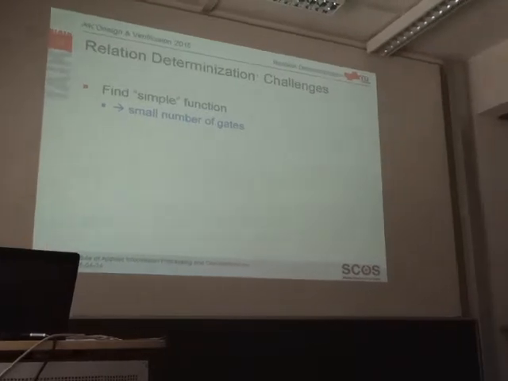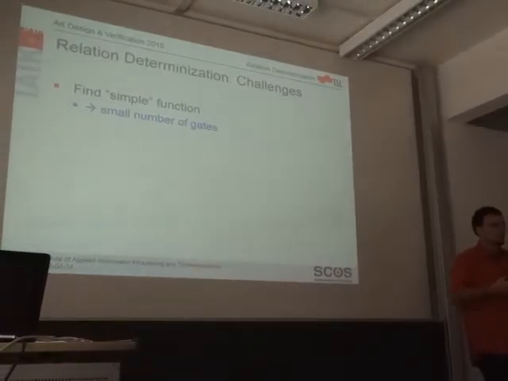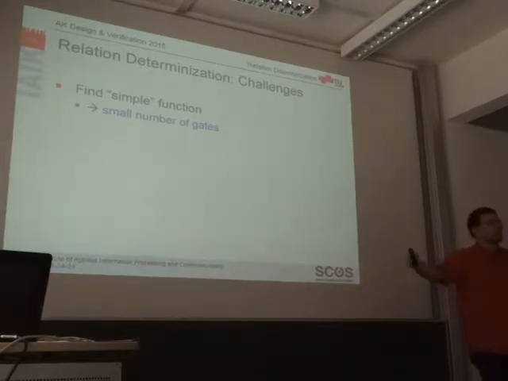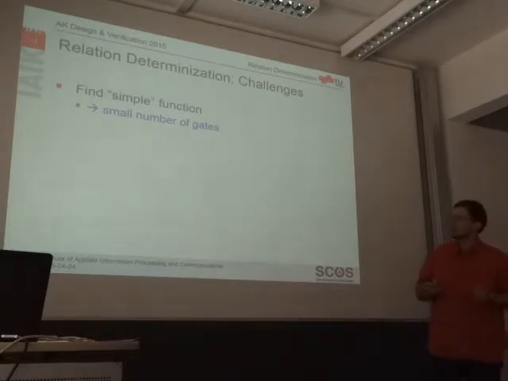Or you can define any other metric for how you measure how small or simple your function is. It could be the depth of the gates or all different kinds of things. But you usually have some sort of metric where you prefer certain functions over others. For the sake of simplicity, let's say we focus on small implementations.